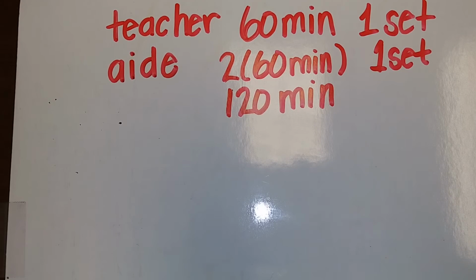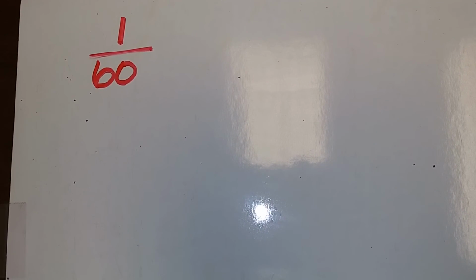The way the book does it, we're going to set it up like the book. Make sure you have that written down so I can erase. The teacher is grading one set of papers. That's where the one comes from. It takes her 60 minutes to grade one set of papers.